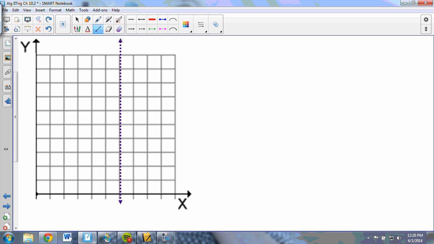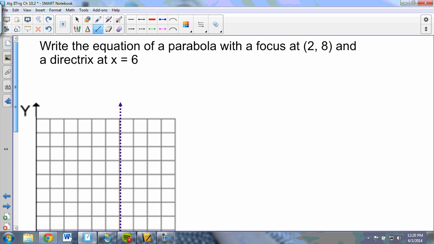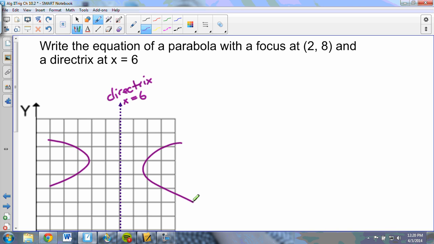That'll be my directrix, x equals 6. So I already know that the parabola is either going to go this way or this way. The parabola points away from the directrix.